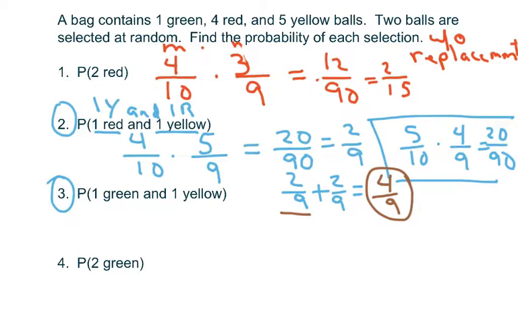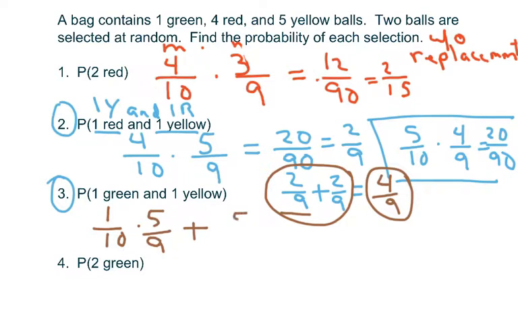Okay, so let's do this one. Basically, since we know that it's just going to be multiplied by 2, we can do the one green, which is 1 out of 10, and the one yellow, so that's 5 out of 9. Or we could do 5 over 10 times 1 over 9.